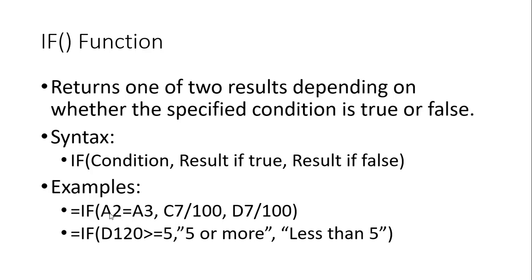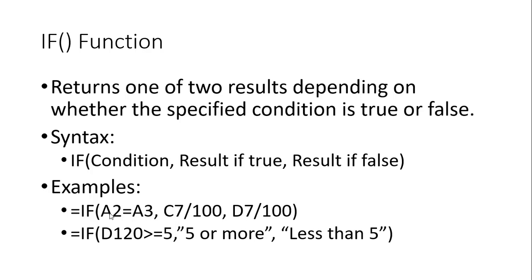So in this case, our label is 5 or more. We would put that inside of quotation marks. And that's how the function knows that we're talking about a label and not a cell reference or something else that it has to try to decipher. So if D20 is greater than or equal to 5, return 5 or more to the cell. Otherwise, that's the second comma, return less than 5 as the label to go into the cell.